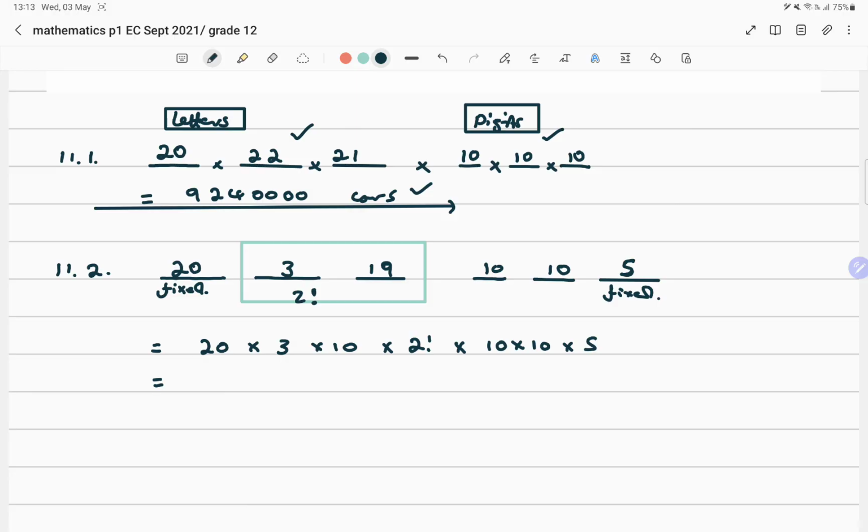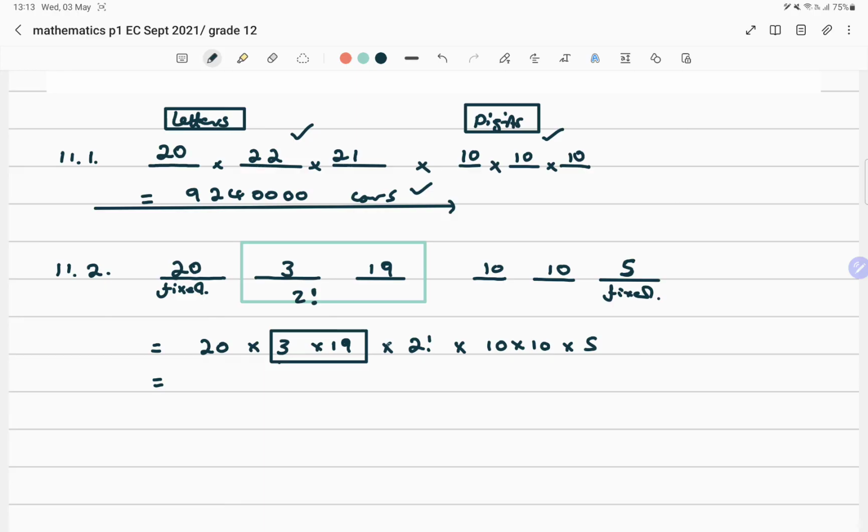So this is going to be 20. Remember the factorial goes with these 2 guys. So remember the factorial is for this block right here.